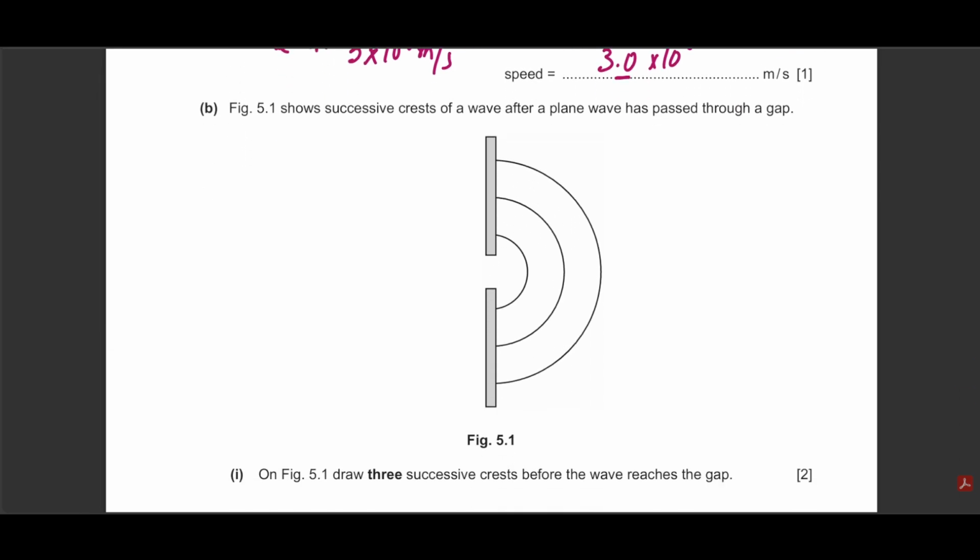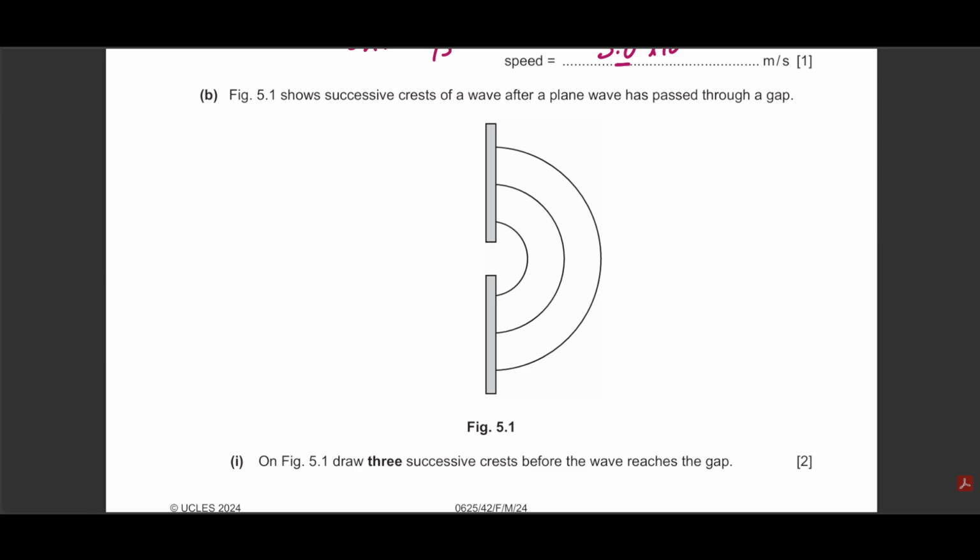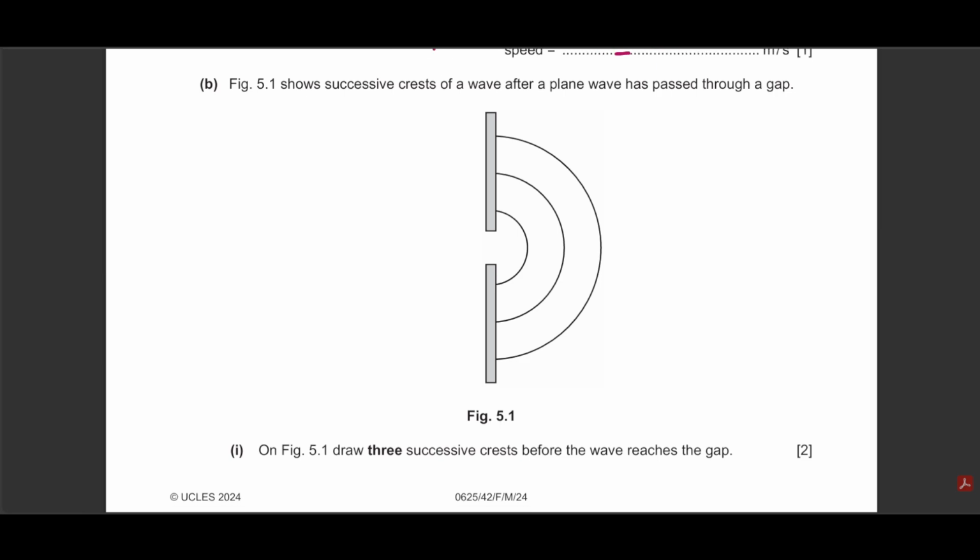Be careful. So it says, show successive crests. What type of crest would it have received before crossing this barrier? What I generally advise my students is this: I understand that the examiner has not said this is drawn to scale. It doesn't matter. What we can do is place a ruler here. Whatever scale you have, just take a measurement.